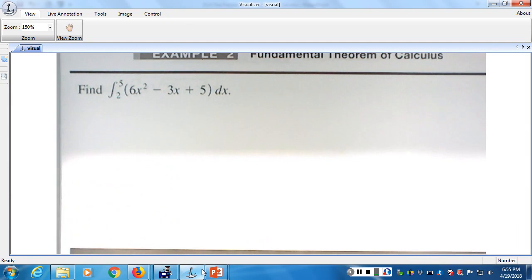So remember, your first step is just to do the antiderivative.